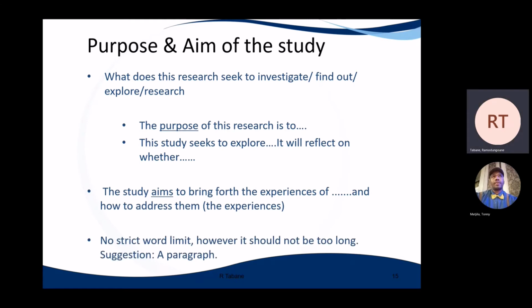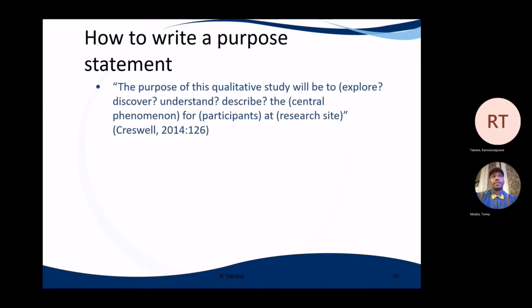There is no strict word limit, however, it should not be long. I suggest a paragraph in terms of writing your purpose and your aim. According to Creswell, there are latest versions, 2016 and later. I suggest you look for the latest Creswell and not use 2014.